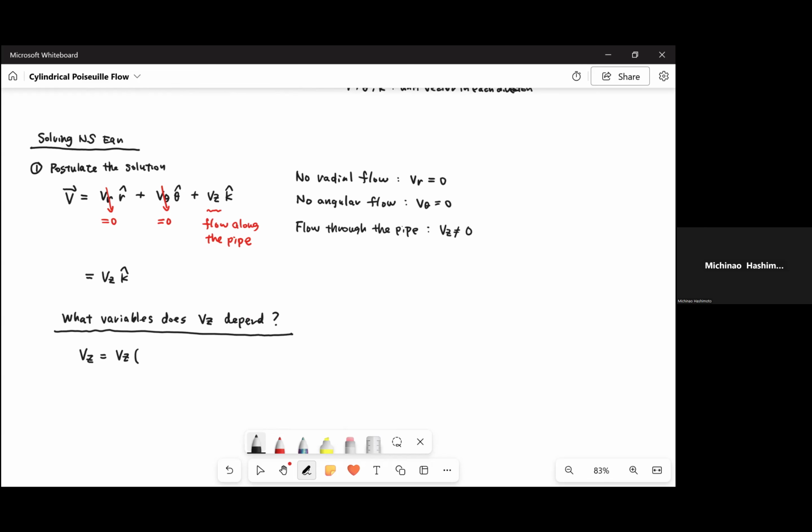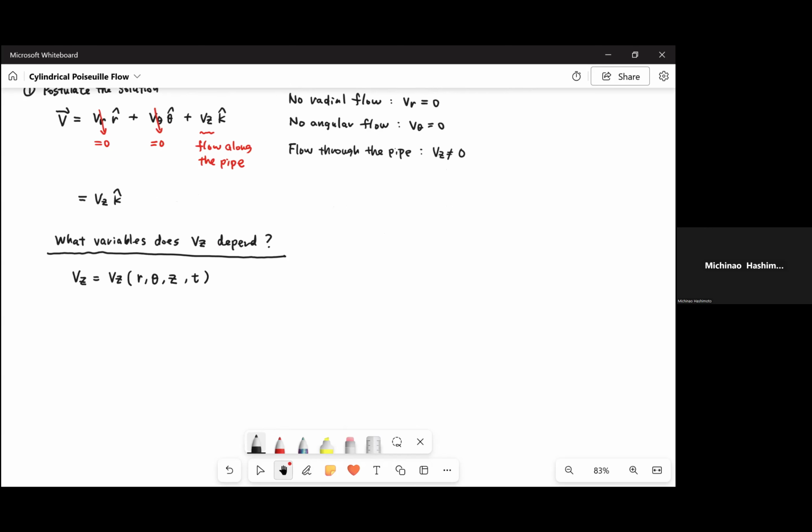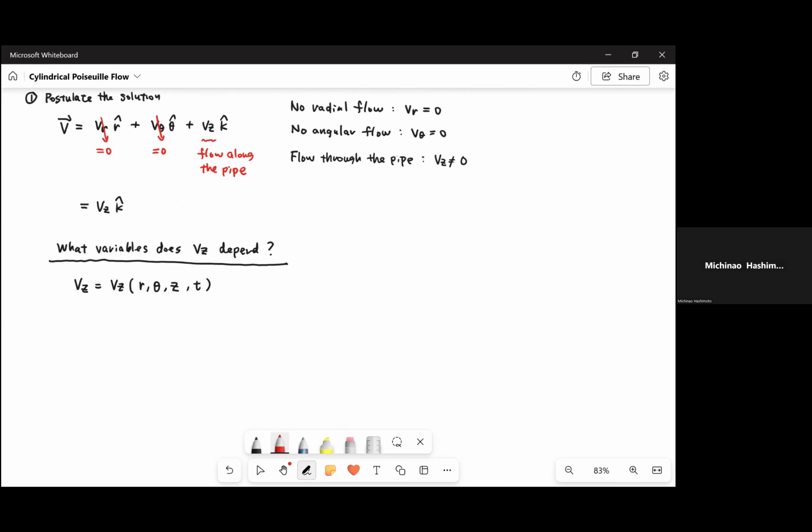Instead of x, y, z, it should be r, theta, z, and t. These three variables are about the location, and this one is about the time.